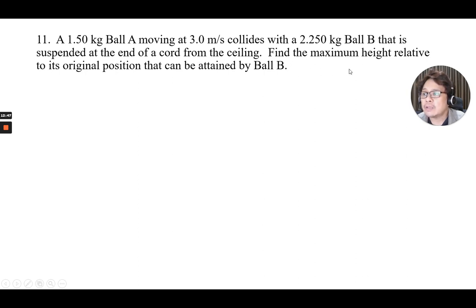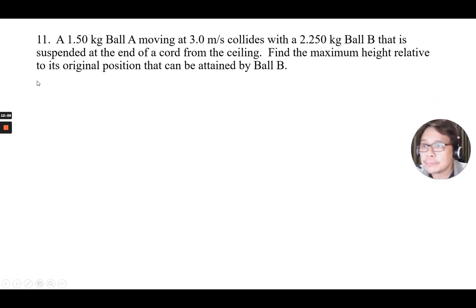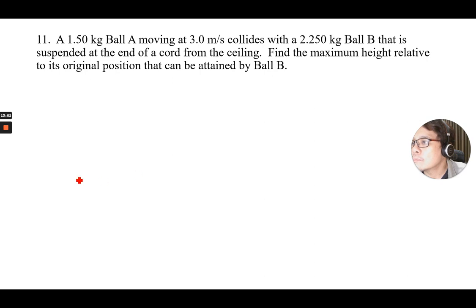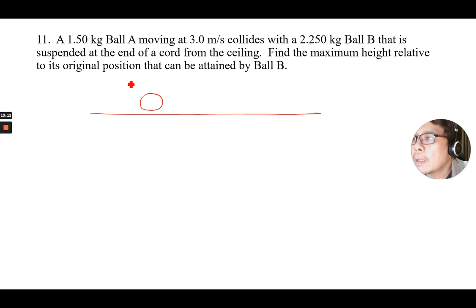Find the maximum height relative to its original position that can be attained by ball B. So this is MA, 1.50 kilograms, and this is VA, which is 3.0 meters per second.